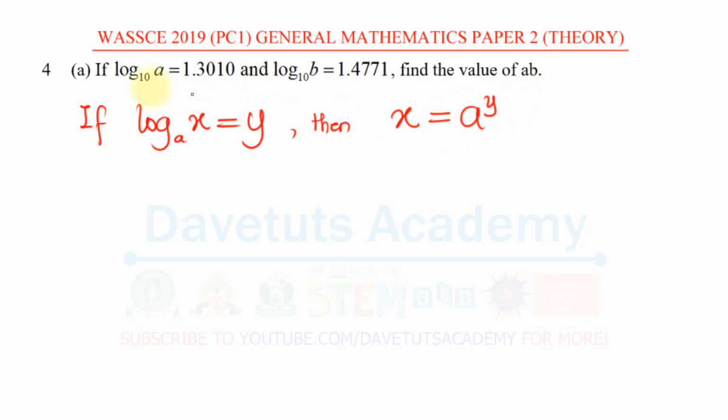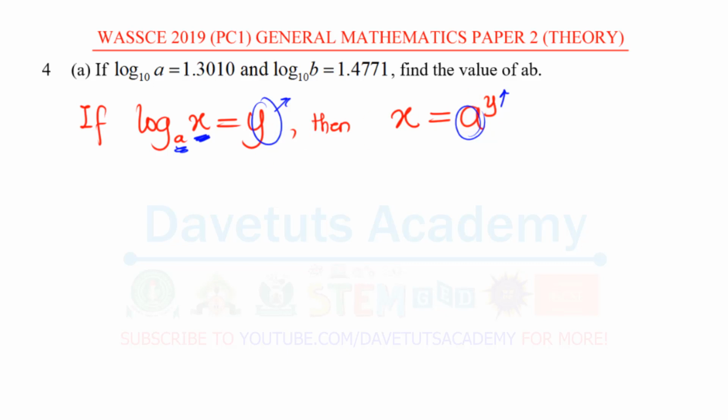What you need to note is that it is the log of x that we are given, but we can express this logarithmic expression in exponential form such that the base, which is a, now takes the power of y that we have here. That's why we have y as a power.